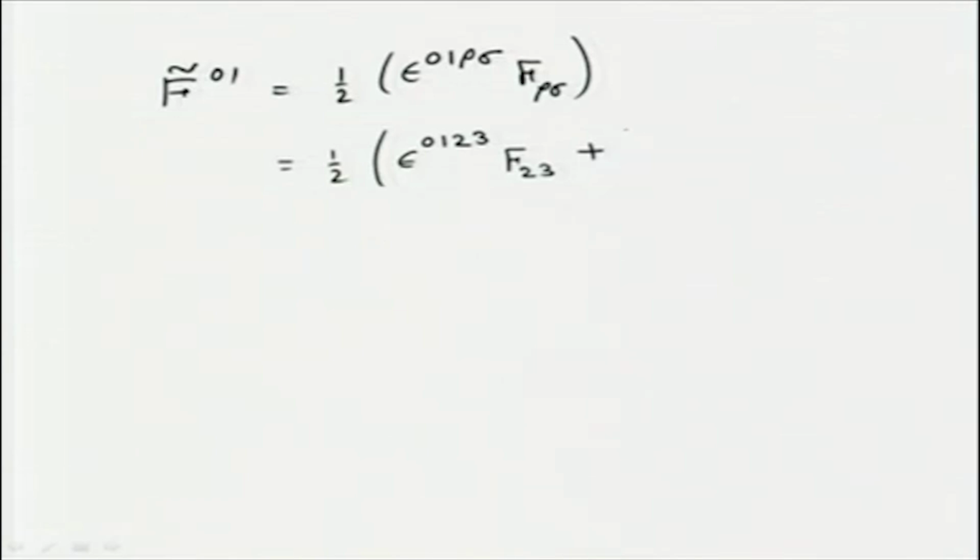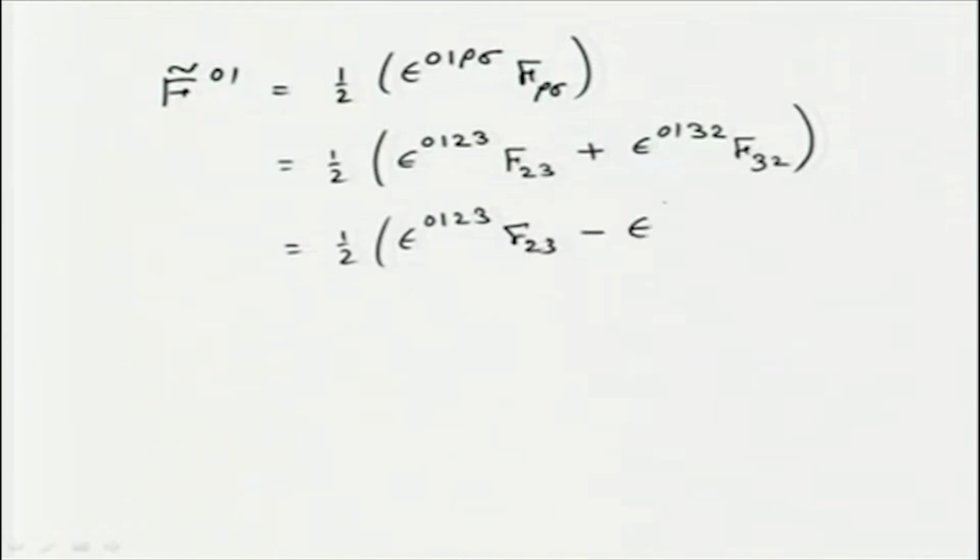What are the other possible rho values? We have taken one possibility, which is 2. We cannot take 0, we cannot take 1. So, the other possibility is 3. Once you take rho equal to 3, sigma is fixed to 2, F 3 2. That is equal to epsilon 0 1 3 2 F 3 2, which, if I interchange 3 and 2, picks up a minus sign, so it is minus epsilon 0 1 2 3 F 3 2.